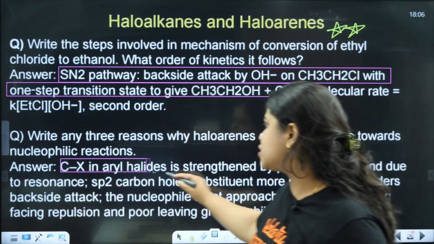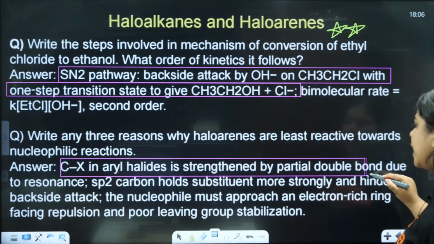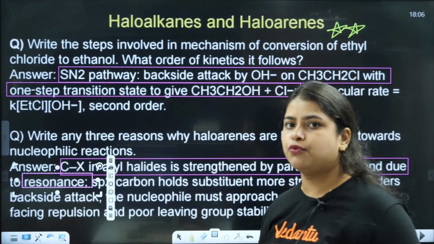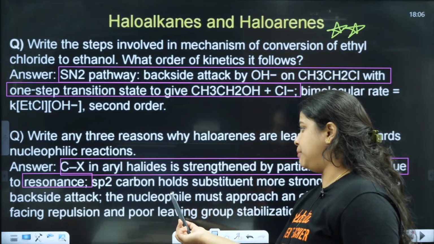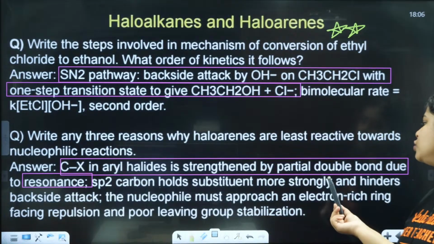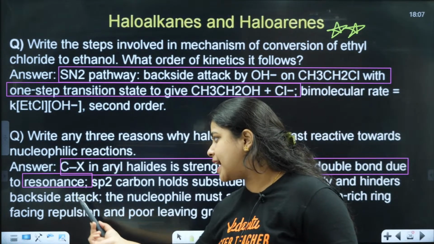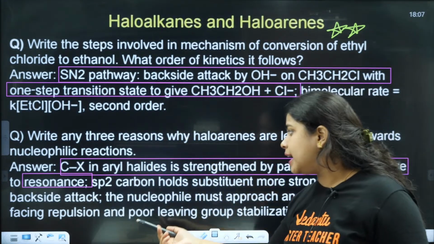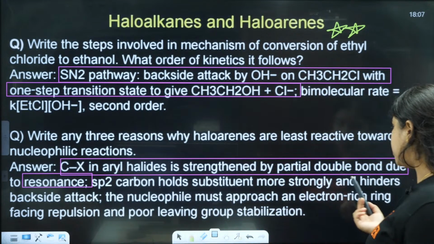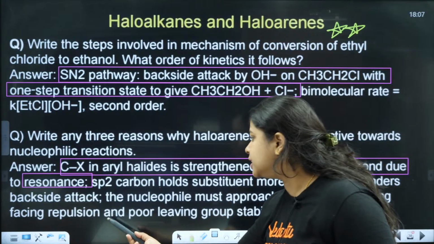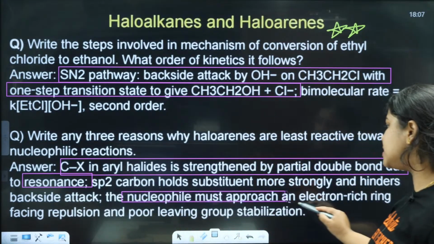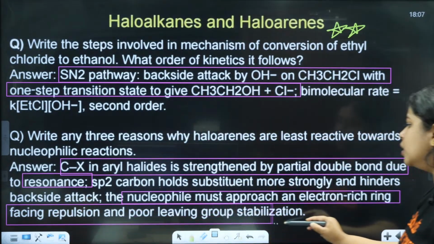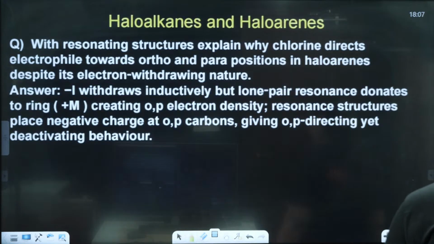The C-X bond in aryl halides is strengthened by partial double bond character due to resonance. The sp2 carbon holds the substituent more strongly, and it hinders backside attack, as in SN2. The nucleophile must also approach an electron-rich ring, which faces repulsion, and there is poor leaving group stabilization.